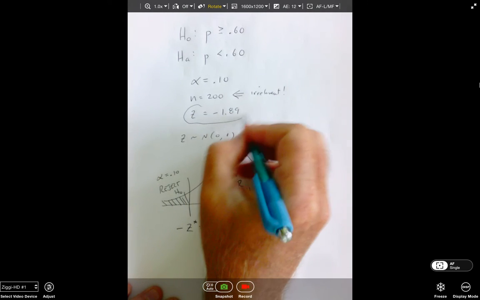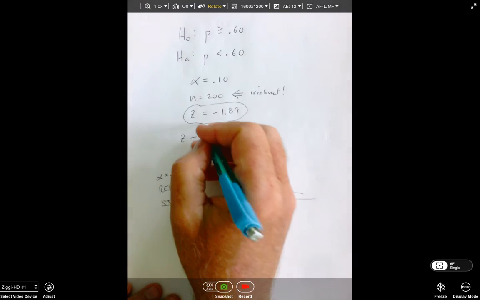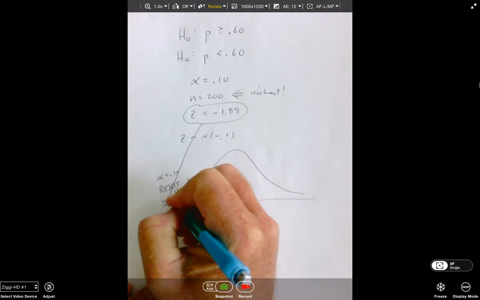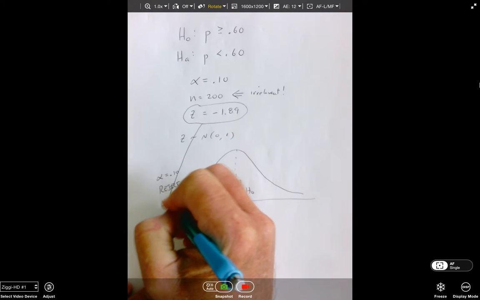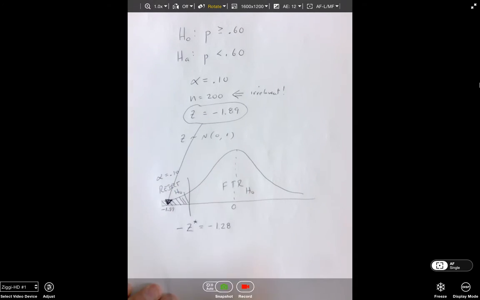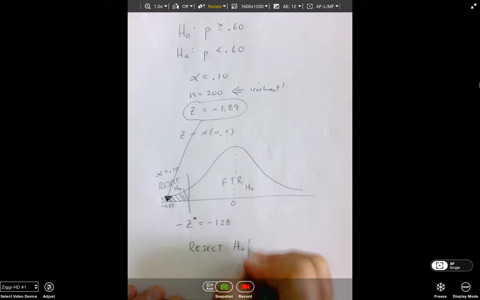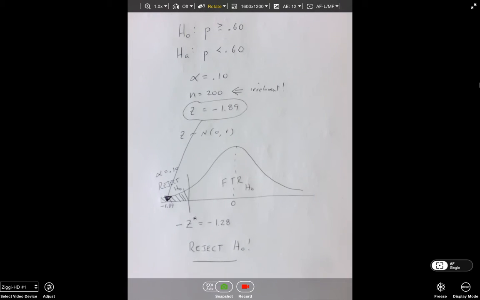Our test statistic is negative 1.89, which falls right there. So our appropriate decision is reject the null. Alrighty.